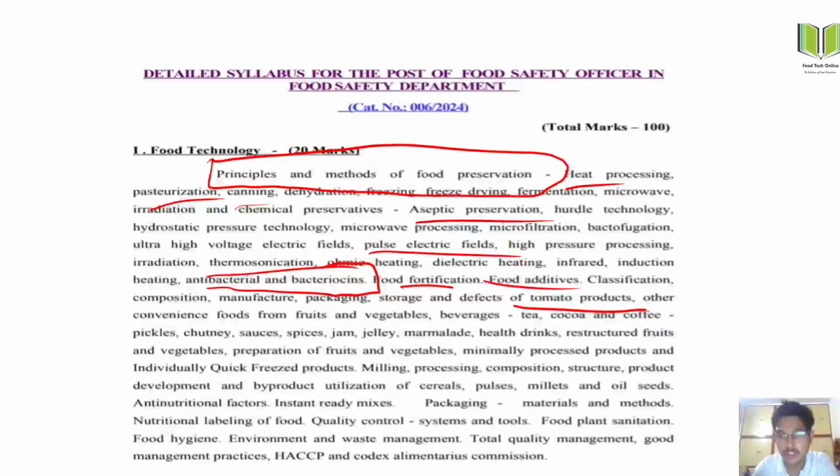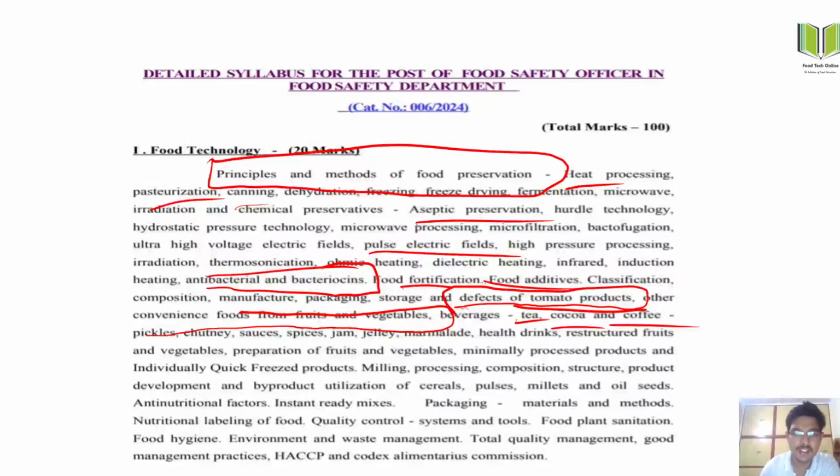Here you have to give emphasis to the wording of the syllabus, like here only defects and the manufacturing of tomato products are asked. Then others are convenience food and fruits, vegetables. Beverages are also mentioned. You have to discuss only these beverages while preparing, which are tea, coffee, pickles, chutney, sauces, spices, jam, jelly and health drinks and many more.